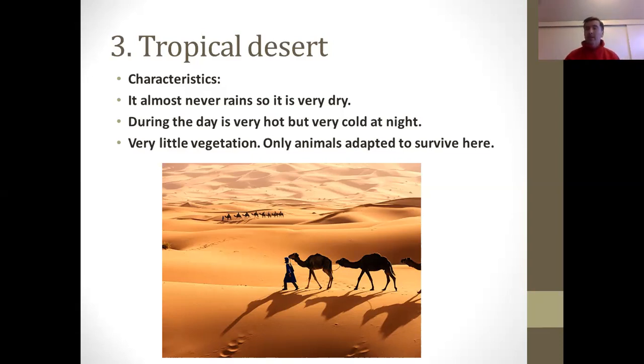And it's also located mostly between the tropics. There is very little vegetation, of course, and the animals that can survive here are specially adapted to be there. For example, the camels, some snakes, some scorpions, etc.